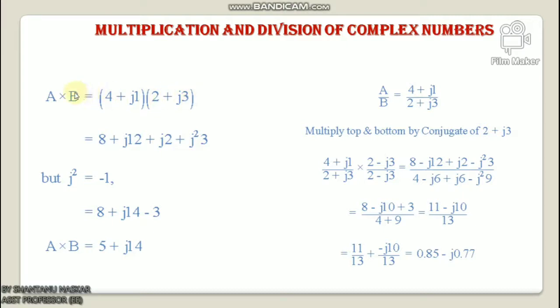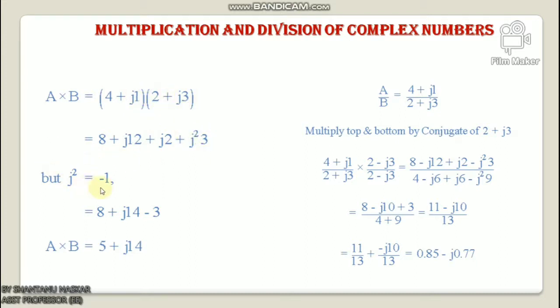So what is the following result? a into b equals 4 into 2, 8, 4 into j3 equals 4 into 3, 12, so j12, and j1 into 2, j2, and j1 into j3, j squared 3.